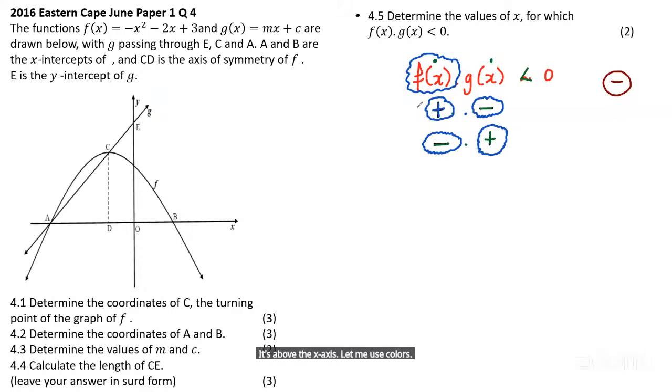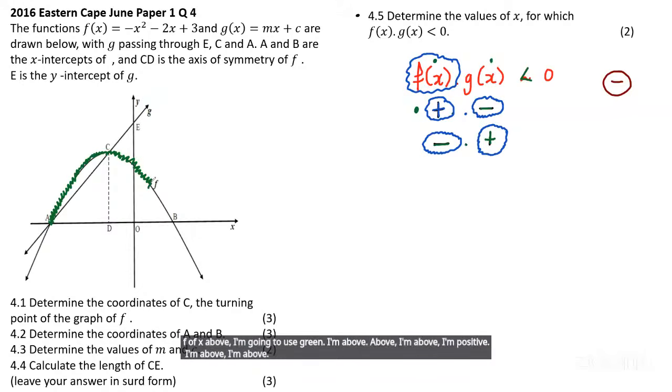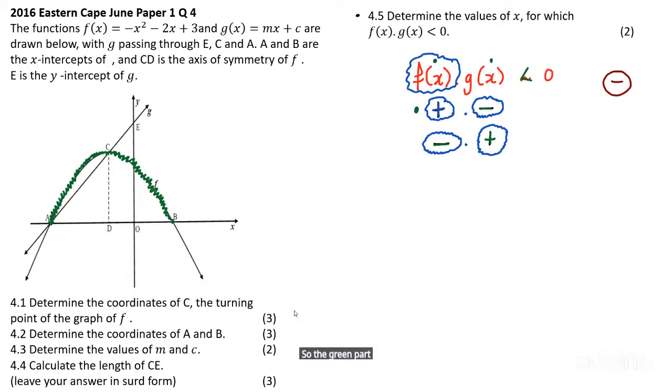I'm going to look for parts of the graph where f of x is positive, above the x-axis. I'm going to use green. I'm above, I'm positive. Then I stop here. So the green part represents the part where f of x is positive.